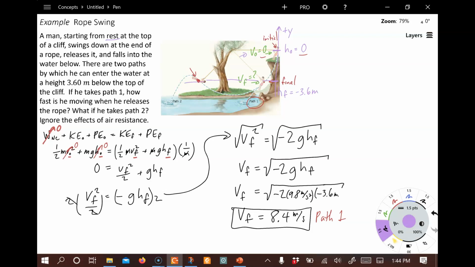The initial speed's still the same. The initial height's still the same. Because all three values, initial speed, initial height, and final height are the same, we're going to get the exact same answer when we solve for v final by the same method. So in this case, this is also the answer for path 2.